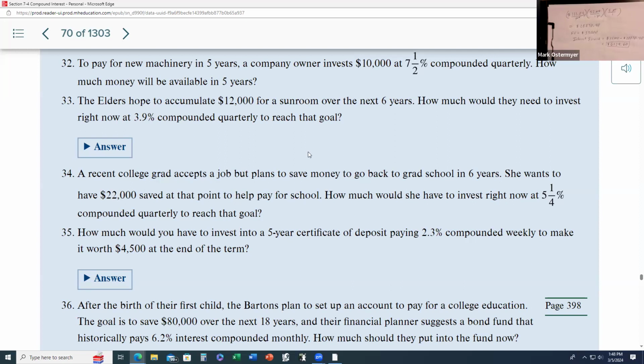Do you have that formula? Look through your notes. Where is the present value compound interest formula? I know we got it somewhere here.